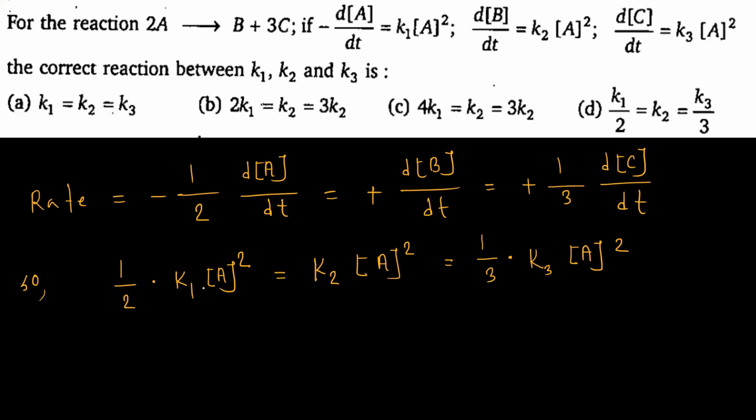So if we cancel out concentration of A power 2 for each of these terms, we find out K1 by 2 is equal to K2 is equal to K3 upon 3. So the relation between K1, K2 and K3 is the option number D.